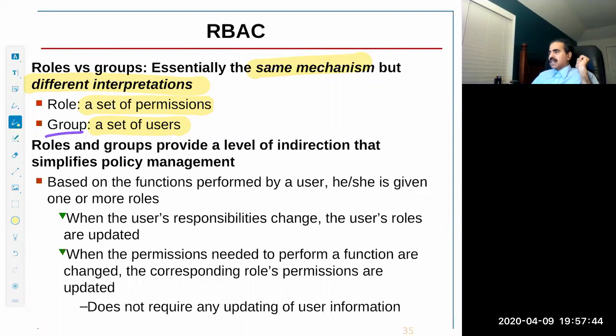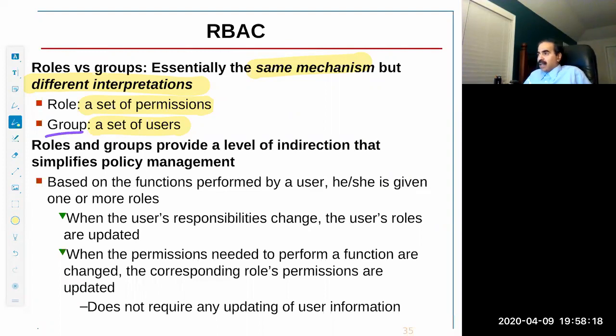Instead, when I hire this user to carry out functions 1, 2, and 3, all I need to say is that this user is going to do functions 1, 2, and 3, and the roles corresponding to those functions have already been defined. Therefore you don't have to specifically define what permissions they need. You just identify those roles, and then you are done. So this is how it helps.